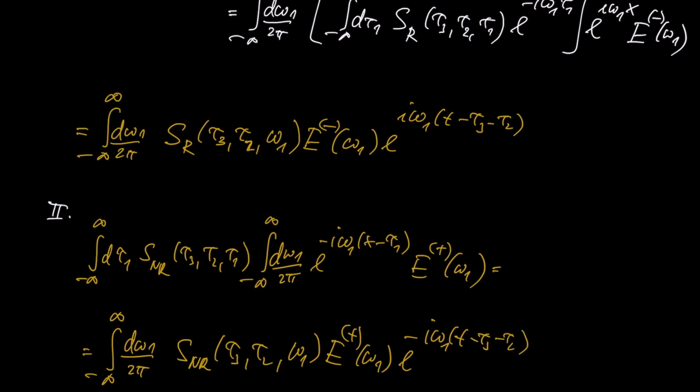It is important to realize that these two functions, S_R of omega and S_NR of omega, are produced by different Fourier transforms. In one case, depending on how you define it, it's a forward, and the other one is the backward Fourier transform. The signs are different, but that's the only difference.